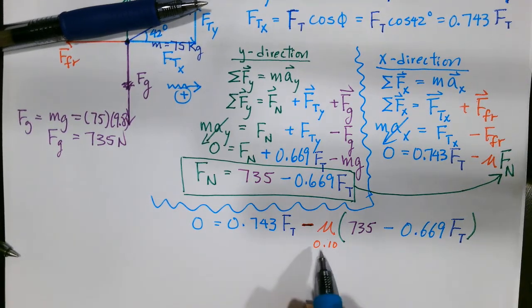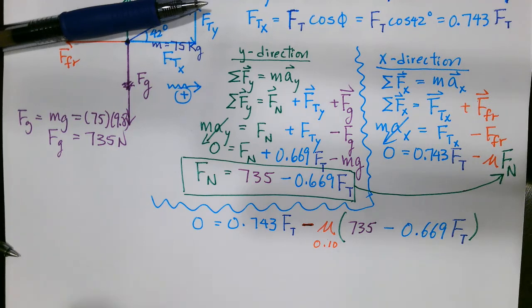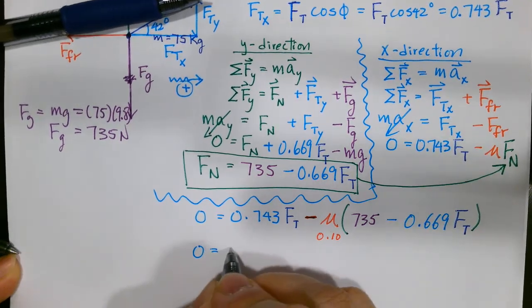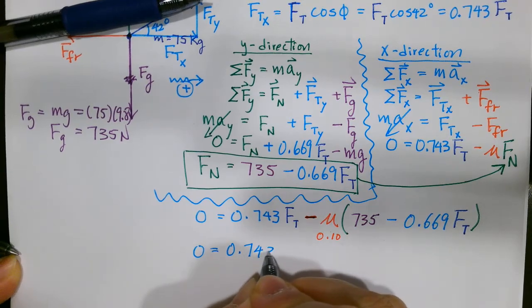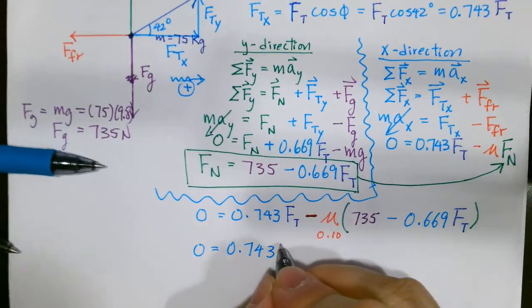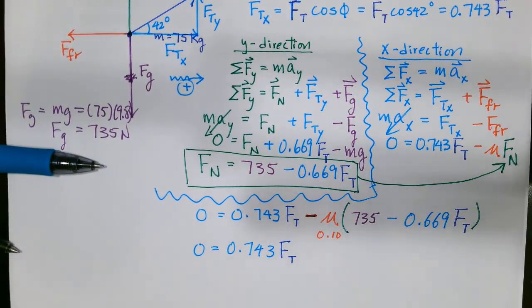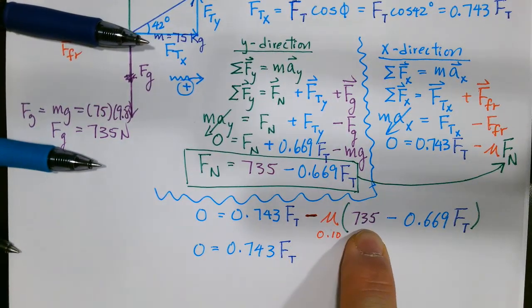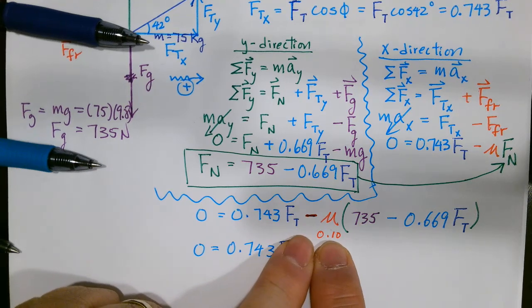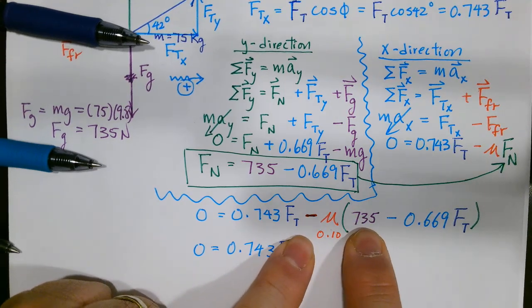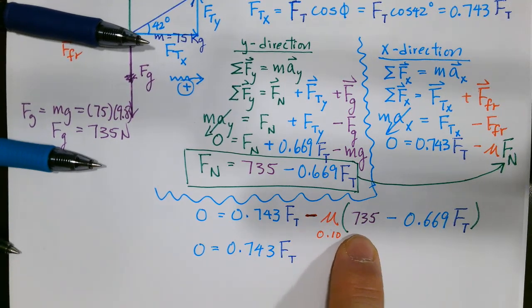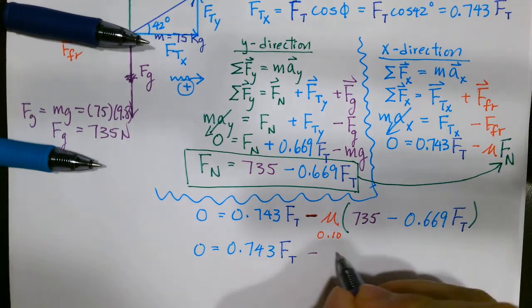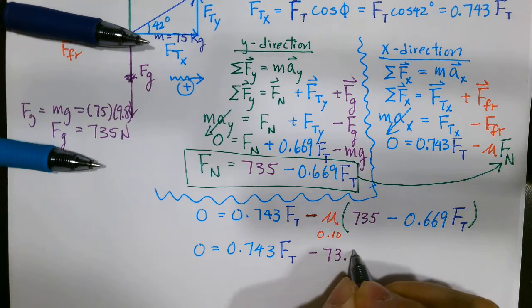So if we were to distribute this through, 0 is equal to 0.743 times F tension. If I multiply negative 0.1 times 735, I get negative 73.5.